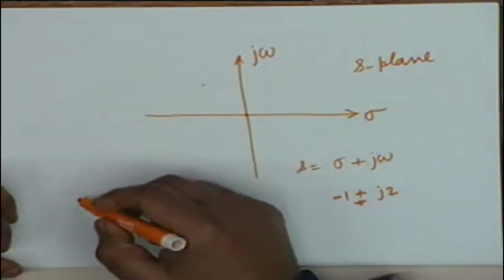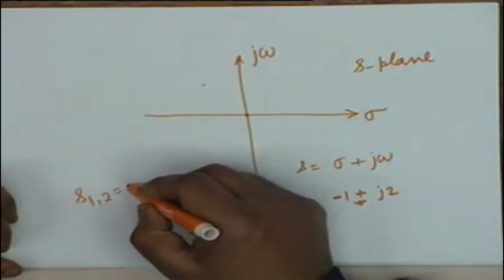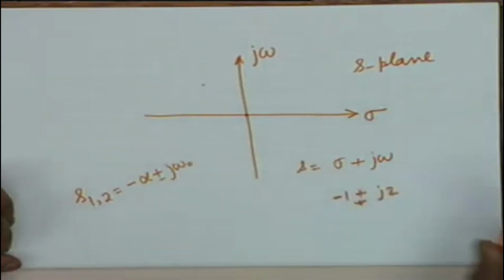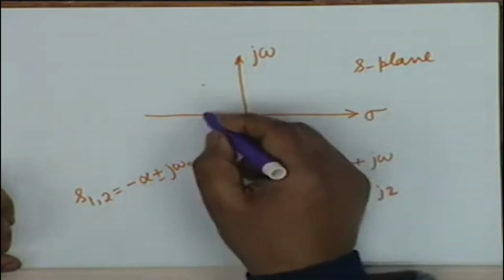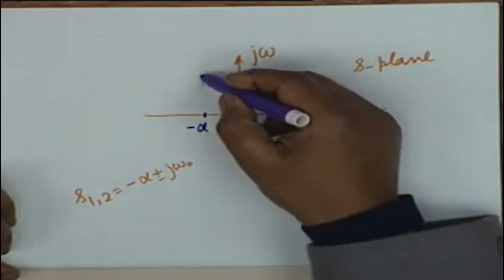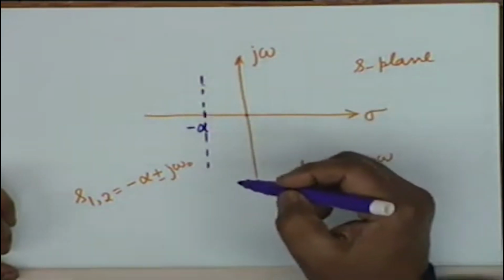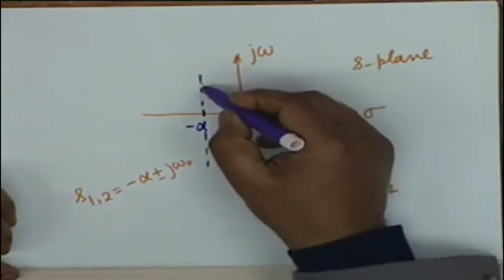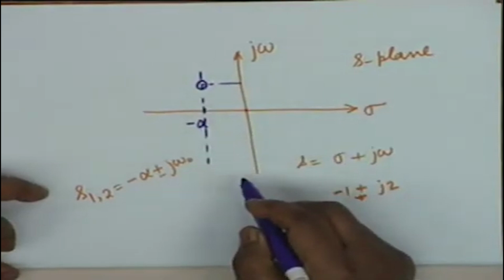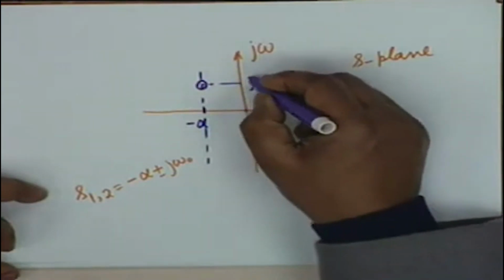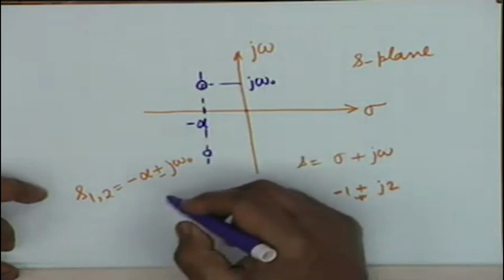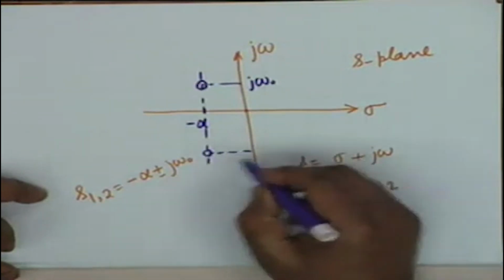Now in our case, the roots are s1,2 equal to minus alpha plus minus j omega 0. So what we do is we go minus alpha to the left. Let's say this is the point minus alpha. Then we go up and down by a distance of omega 0. So we have one of the roots here, and we show this by a circle where this distance is j omega 0, and we go down by the same distance and put a circle here.